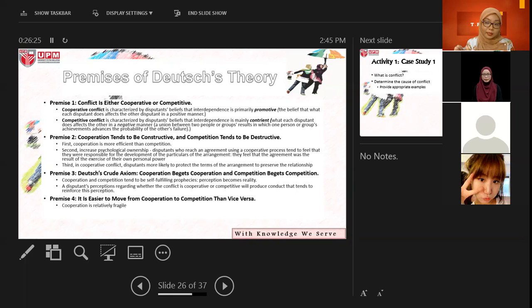But if you perceive that the situation ni, okay, not just because of award, but you think because of experience as well. For you, attending this competition or situation is not just to get the awards, but to gain the experience. So then you perceive that the situation is not just a competition. Therefore, you will work cooperatively with one another.